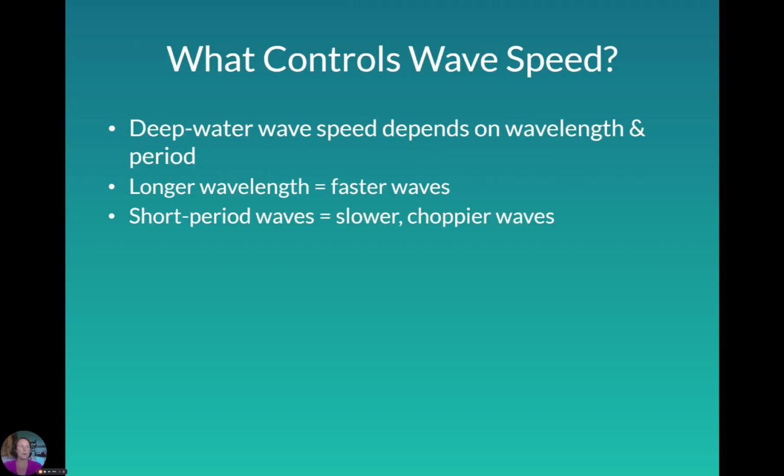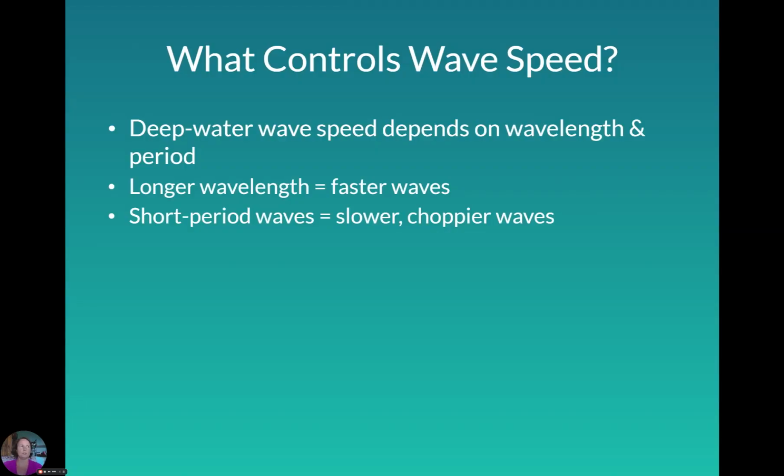So what controls wave speed or celerity? Calling it wave speed is maybe not the right term. I should probably have put celerity in here. But in deep water, wave speed is determined only by wavelength and period. Longer waves, meaning longer periods, travel faster.